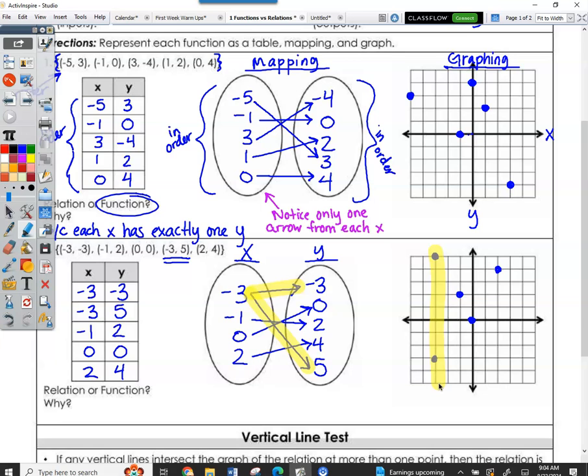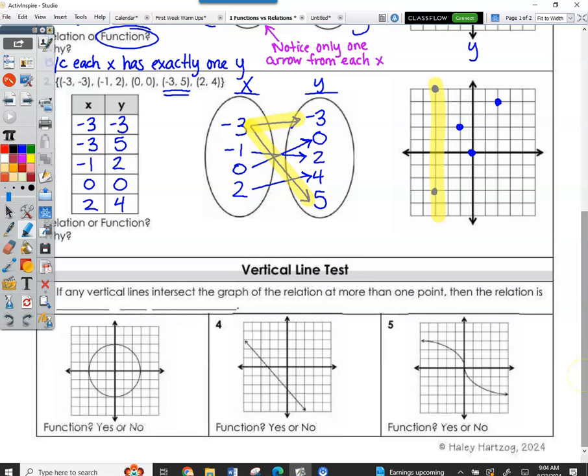So you can highlight the problem. The problem is -3 has 2 arrows coming out of it. The problem in the graph is that I have 2 plots, 2 points that are in the same column, vertical alignment. And over here in the table, the problem is that I have -3 and -3.